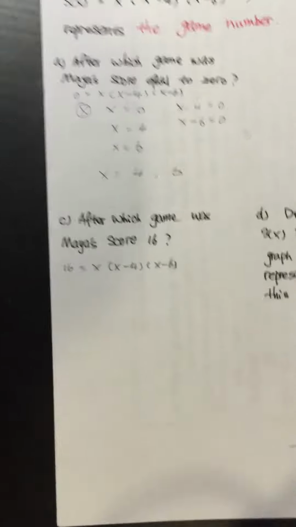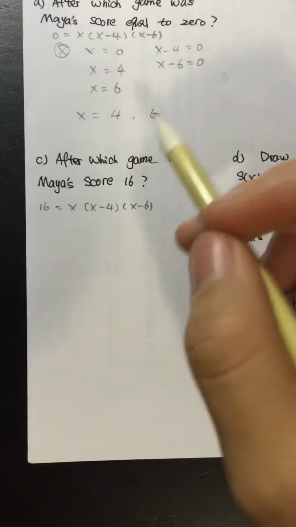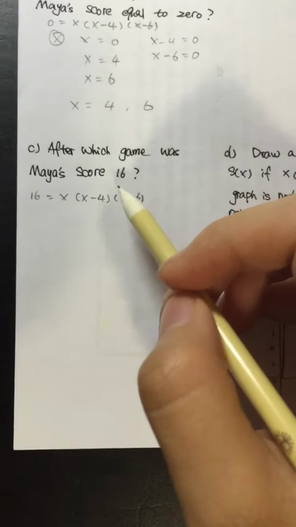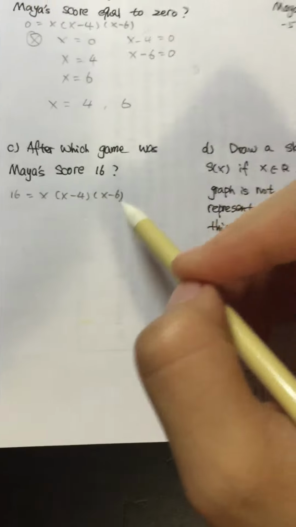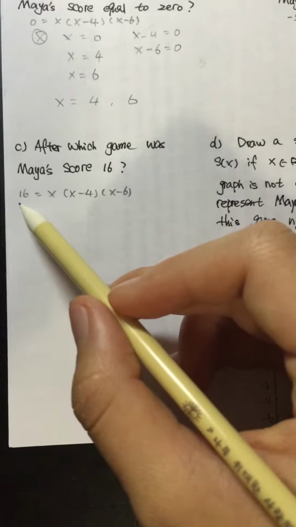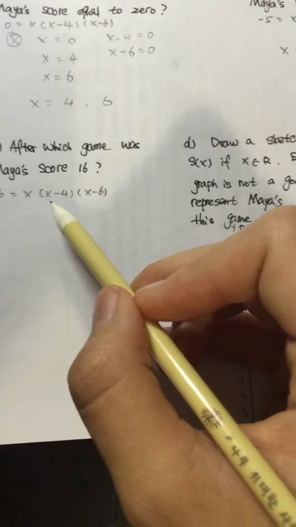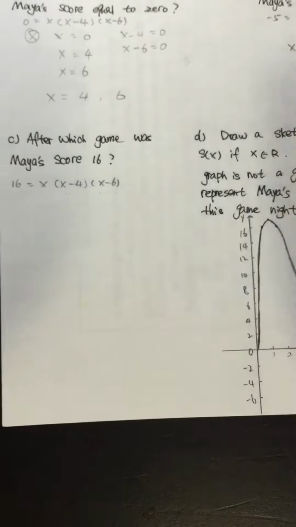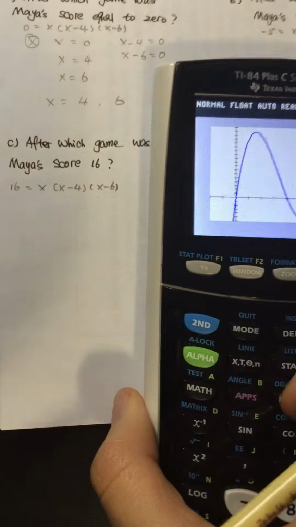For the third question, they asked us to find after which game was Maya's score 16. Firstly, we should write the equation 16 = x(x - 4)(x - 6). And we should use the graphing calculator again and have a look.